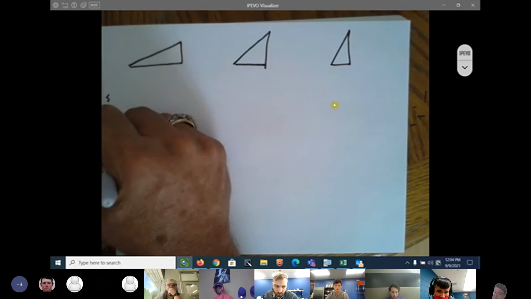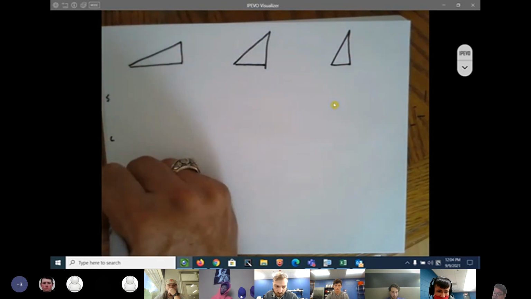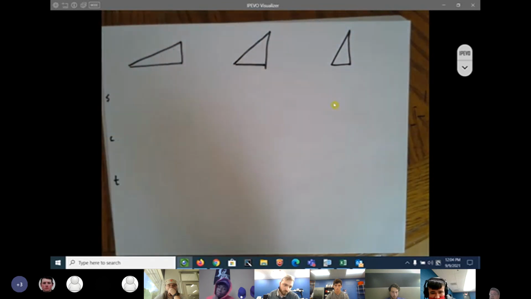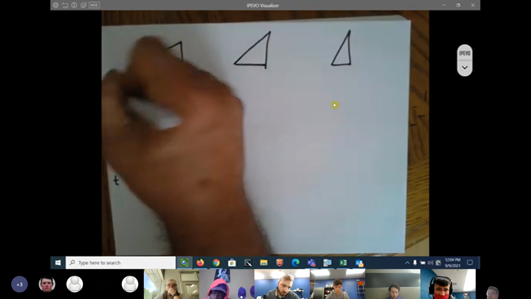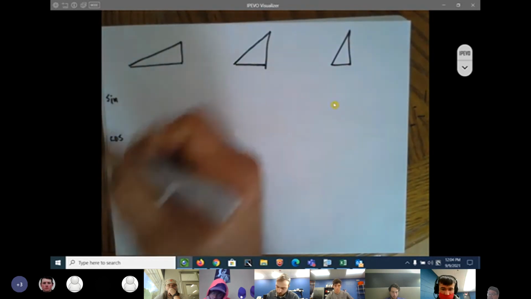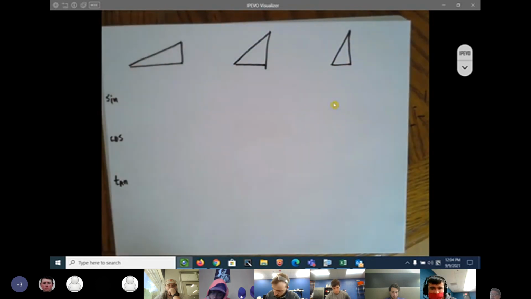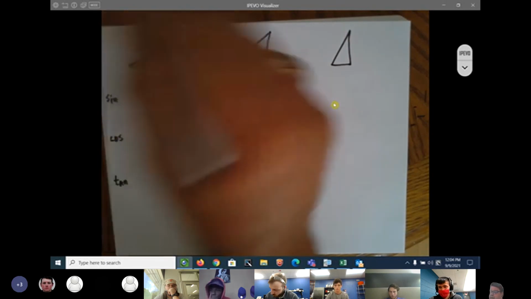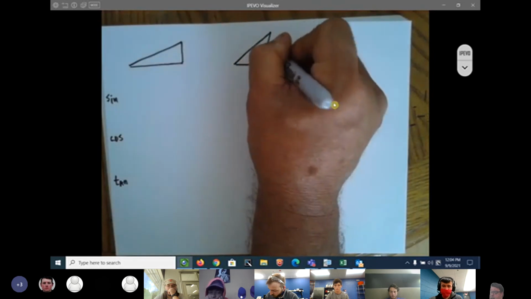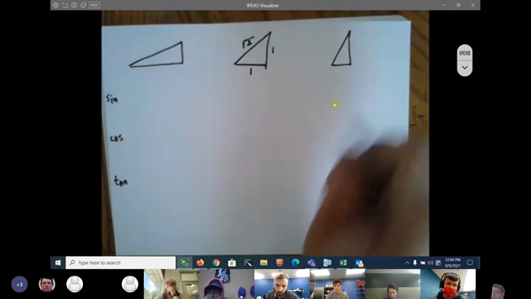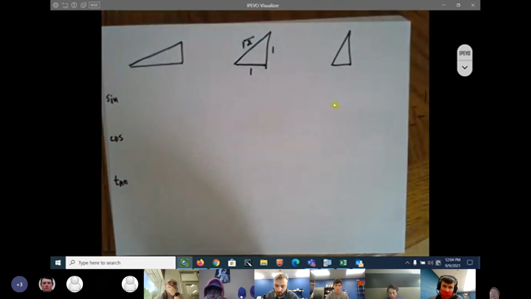I'm just going to do sine, cosine, and tangent. I'm not going to do all 6 of them. Y'all can do the reciprocals if you want to. Now, the easiest one to remember is the 45. 1, 1, square root of 2. That's the easiest one to remember.